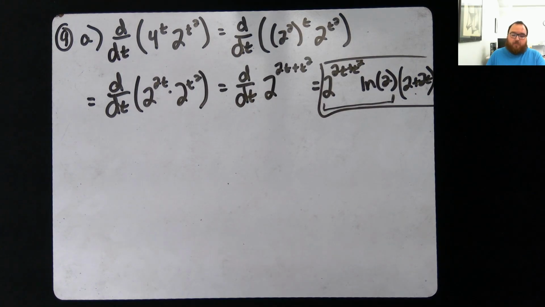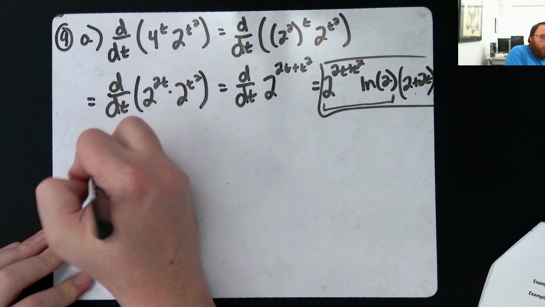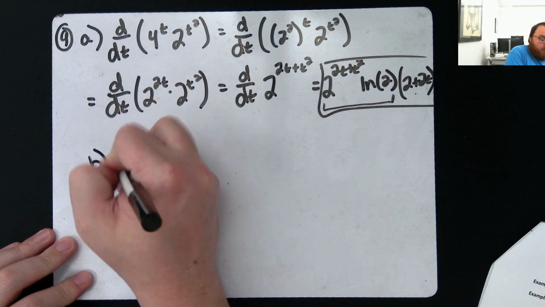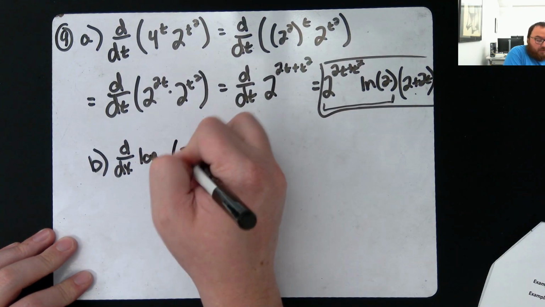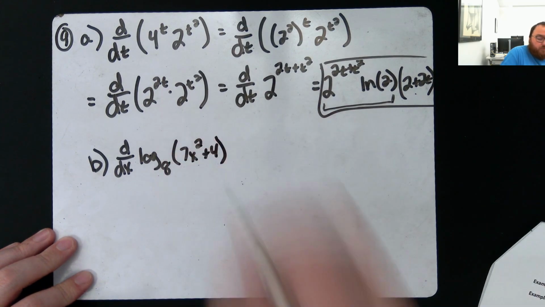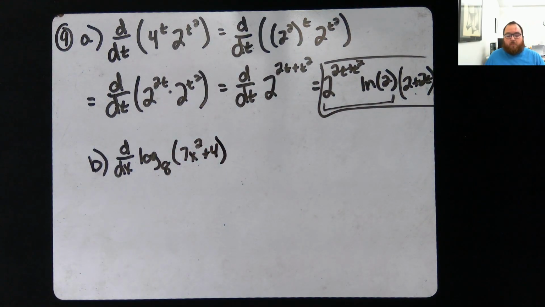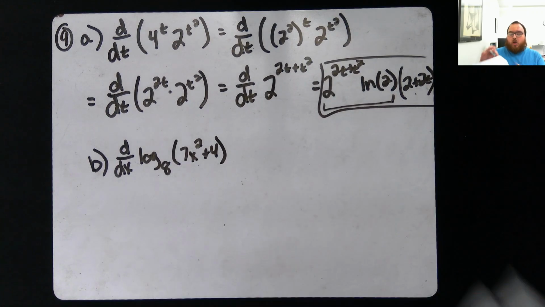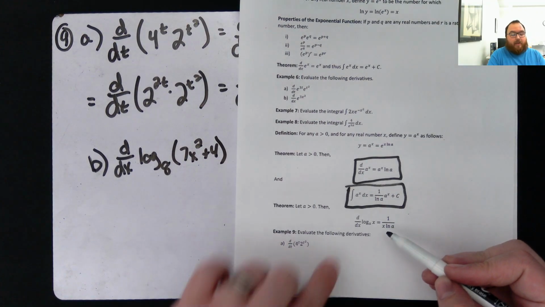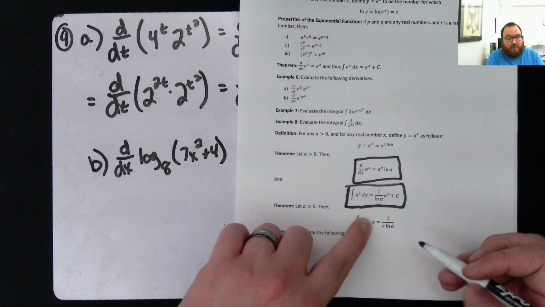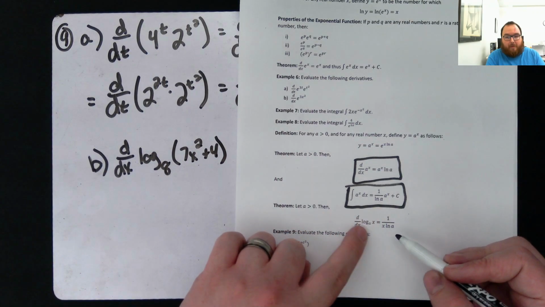Let's try another example. Example B wants us to find the derivative of log base 8 of 7x squared plus 4. So remember our new rule for the derivatives of a logarithm is that it's going to be 1 divided by the inside stuff times the natural log of my base.